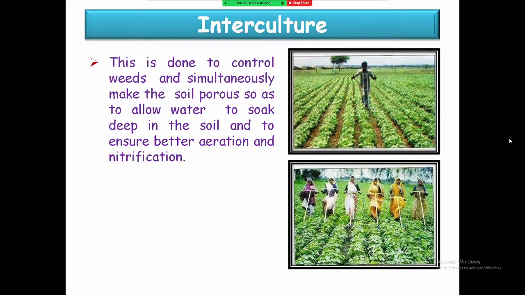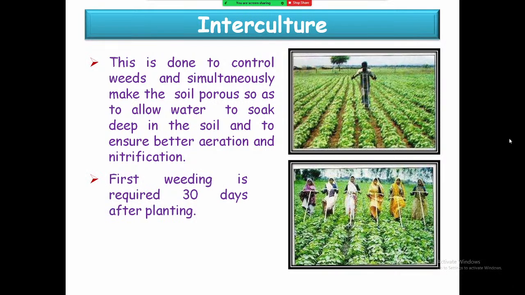Simultaneously, these operations make the soil porous, which allows water to soak deep into the soil to ensure better aeration and nutrition. For that purpose we follow intercultural operations. The first weeding is required 30 days after planting.